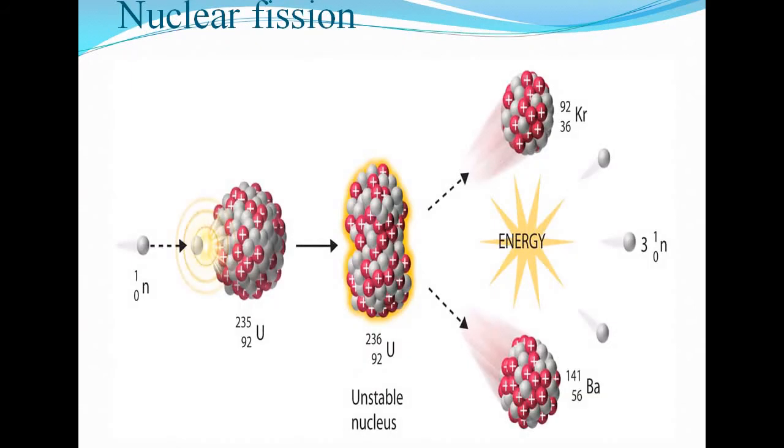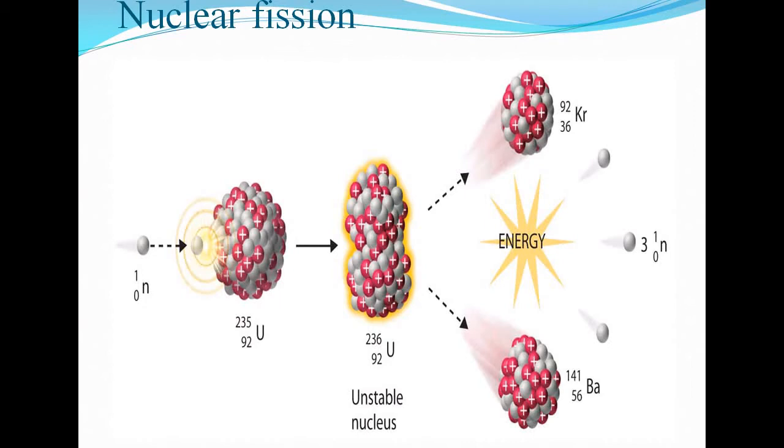Now this is a picture of nuclear fission. Now there are two processes, nuclear fusion and nuclear fission. In case of fusion, two atoms are combined, and in case of fission, the atom is divided.